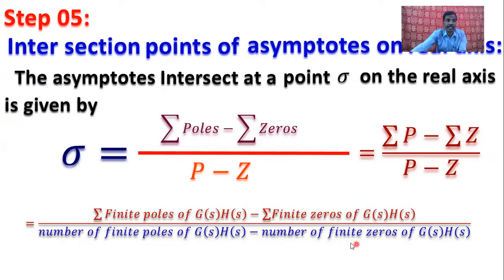This is the intersection point of asymptotes on the real axis, sigma. So the intersection point is calculated as the summation of poles minus the summation of zeros, divided by p minus z.